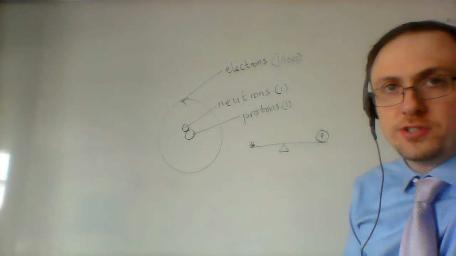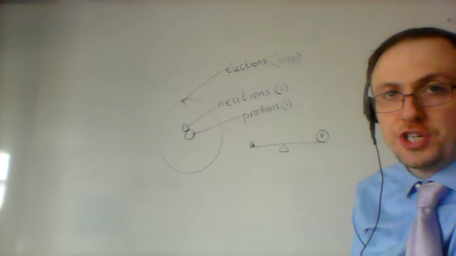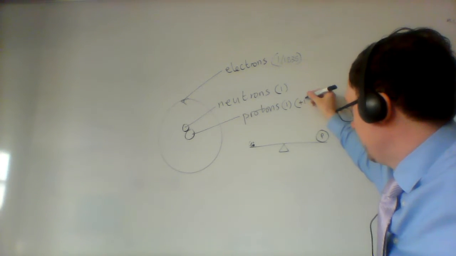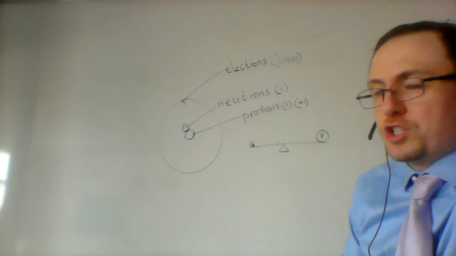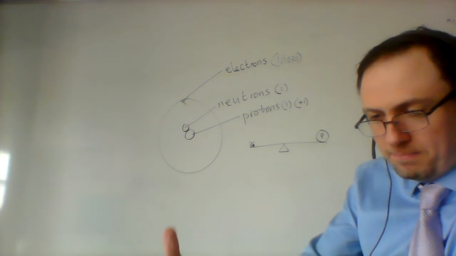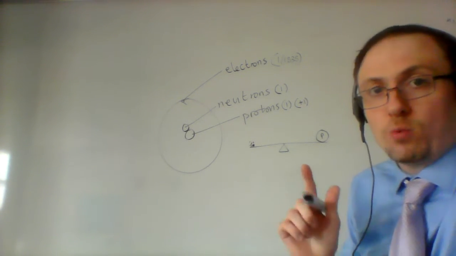So the protons have a mass, so mass of +1, but they've also got a charge, and their charge is +1. Okay? So +1, think pro, you're for something, positive, yeah? +1. Don't just write plus, write +1. Okay?